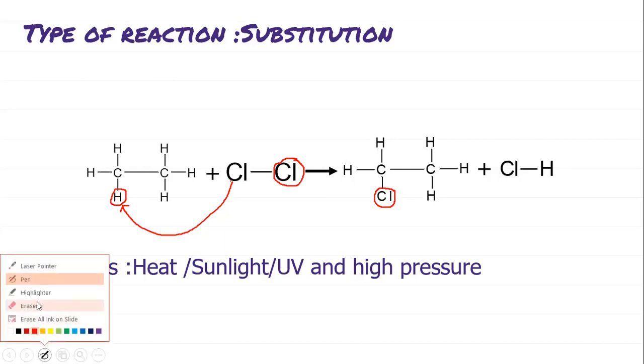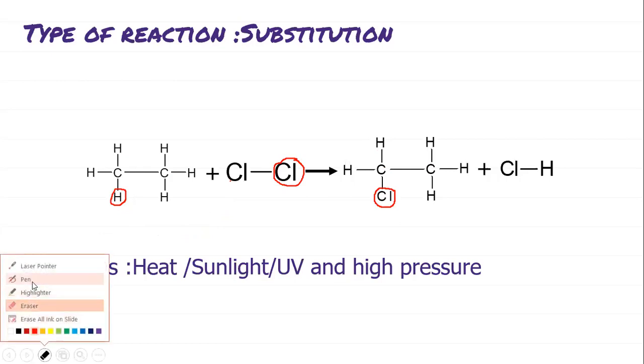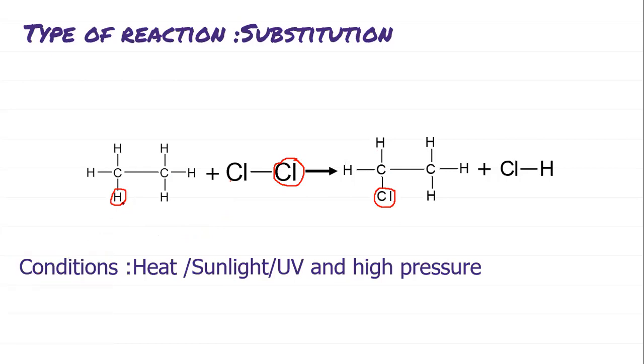The other product that is going to form will be between this hydrogen that I have removed and that Cl that did not substitute into the alkane. And then my other product is going to be HCl.